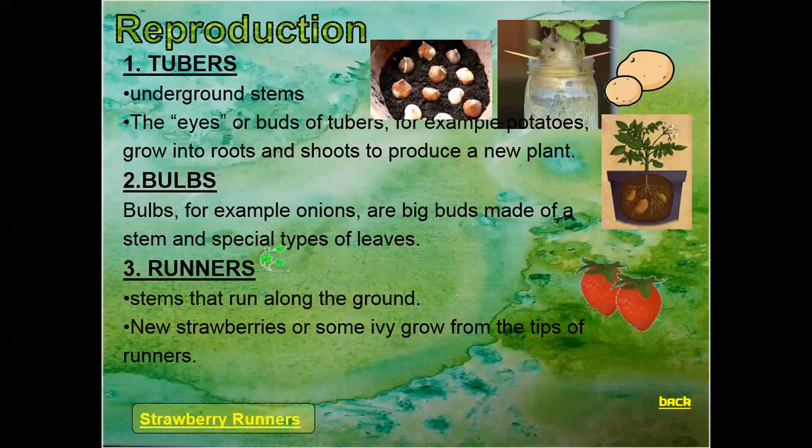Now, what is a cutting? A cutting is a part of a plant that has been cut and can produce a new plant. A cutting is a leaf or a stem.